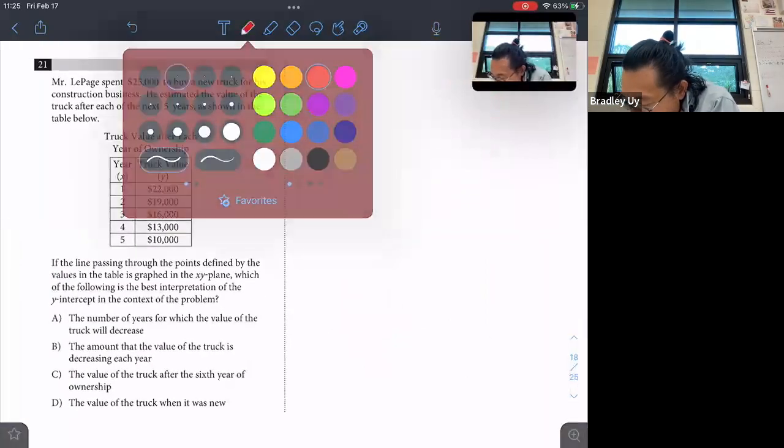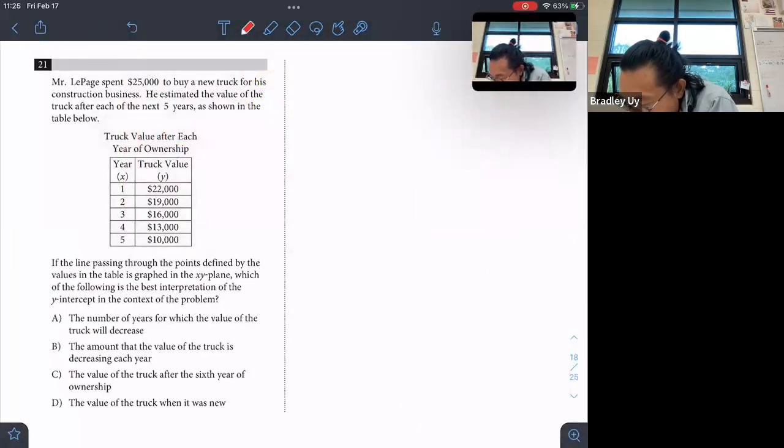He pays $25,000 to buy a new truck. He estimated the value of the truck after 5 years. So this is year 1, 2, 3, 4, 5. Each and every year, his truck value seems to be decreasing by, we can see a pattern, minus $3,000. If we had to graph this, 1, 2, 3, 4, 5, we have these numbers, 10, this will represent a break.